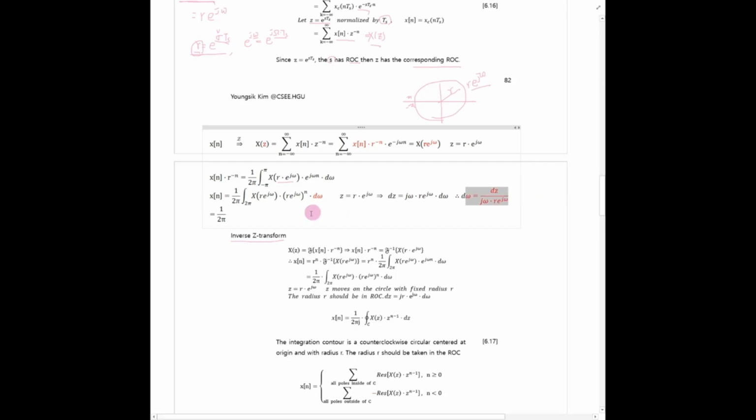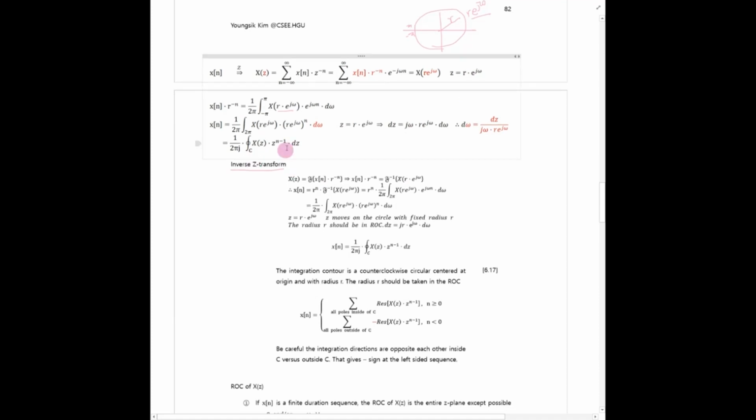So we can express that one. We integrate on a contour, this circle, where x over r e to the j omega is z, and this is z to the n, but another z is divided here, so z to the n minus 1, over the contour C, dz.